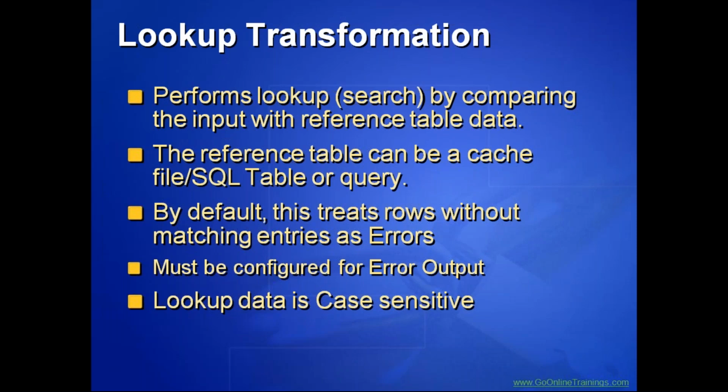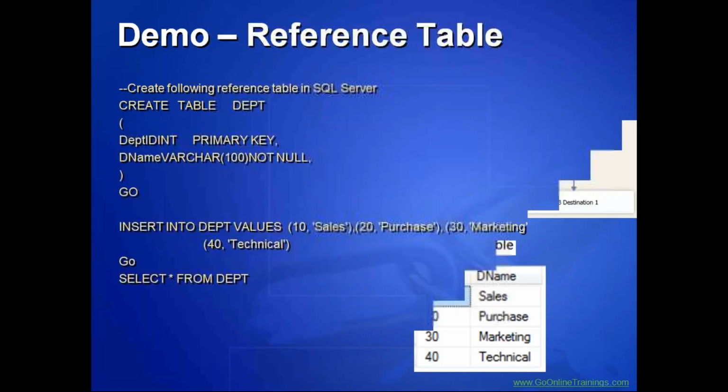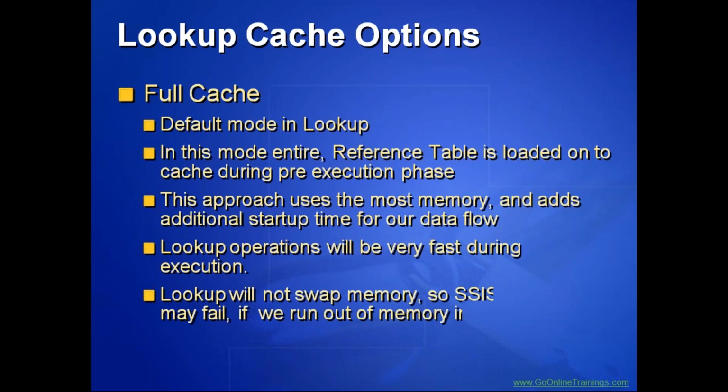Lookup data is case sensitive. All these points we discussed, and I also clearly explained the difference between joins and the lookup operation, right? So today, let us understand one more important concept in our lookup, that is caching modes.